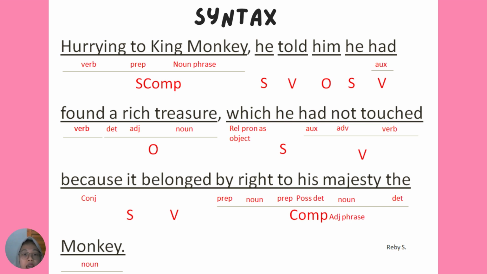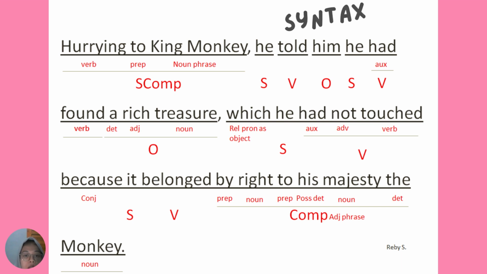He subject. Had not touched, this is the verb. Or we can say this is a verb phrase. Had is auxiliary, not adverb. Touch the verb. Because conjunction, its subject, belong verb. And this is, by right to this, His Majesty the Monkey. This is a complement adjective phrase.